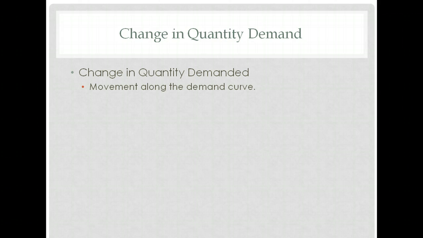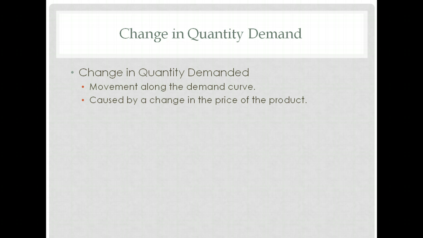Okay, generally, if we're talking about a change in quantity demand, we're talking about a movement along the demand curve. In other words, moving from one place on the demand curve to another place on the demand curve. And what's the only thing that can cause that to happen? The answer is a change in price of this product, whatever it is we're talking about.